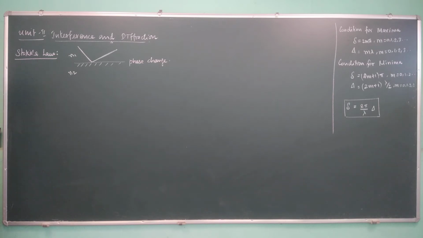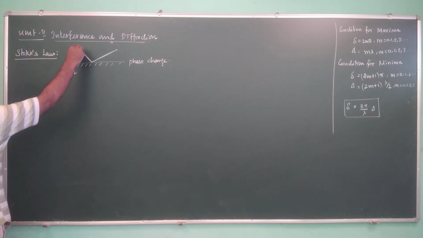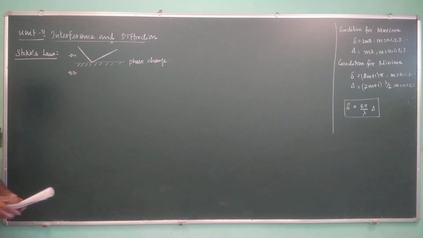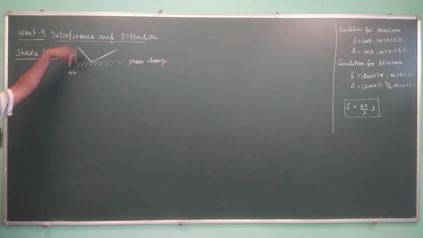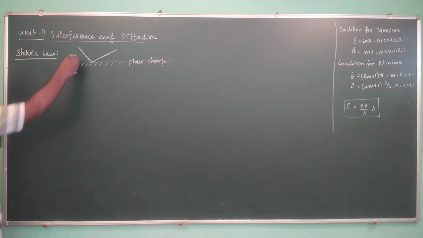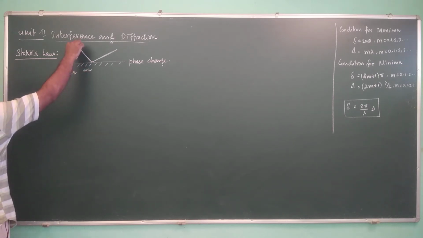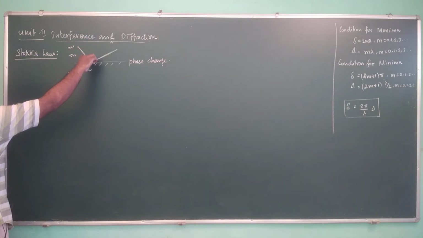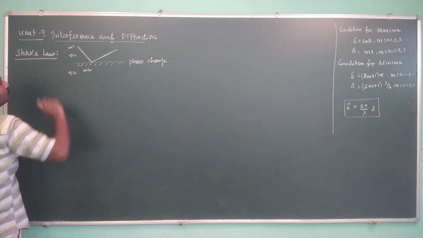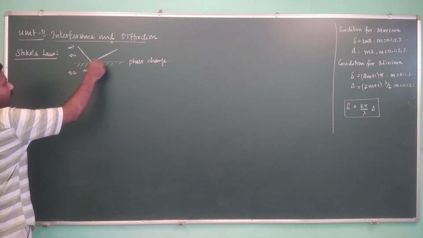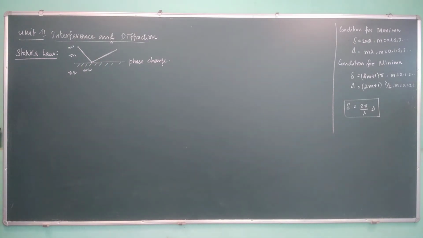According to Stokes' law, when this incident light is reflected from a denser medium than its previous medium, that is, when it is traveling through medium 1, here it is medium 1, this is medium 2, and the light is getting reflected at the surface of medium 2, if the refractive index of medium 2 is higher than that of medium 1, that is, this reflecting surface is a denser surface, then this incident ray will undergo a phase change of pi.